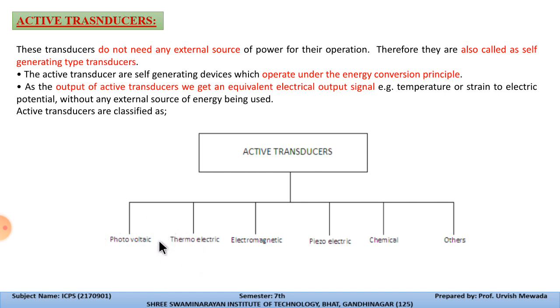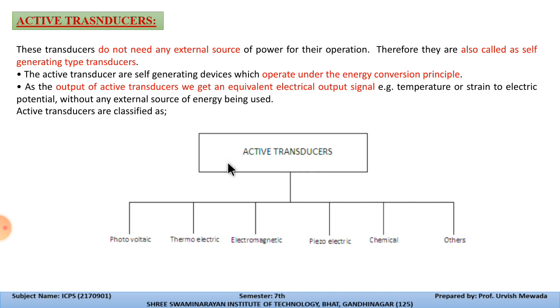Thermoelectric is related to temperature. Electromagnetic is related to electromagnetic waves. Piezoelectric is related to mechanical vibrations. Some other active transducers are chemical or Hall effect transducers, etc. So these are the active transducers.